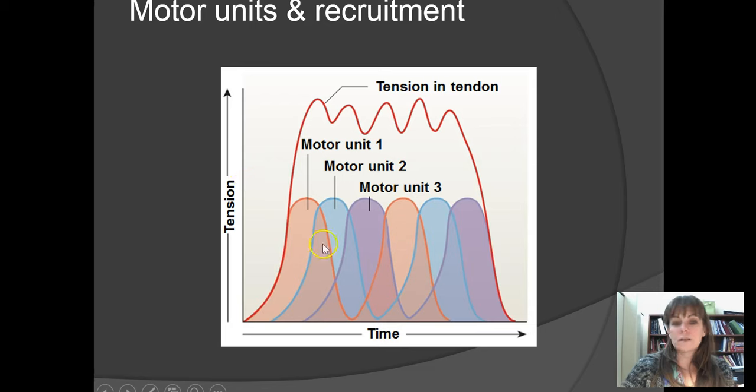And then what we can also do is switch. Maybe with one motor unit we can have treppe, and then we can switch to wave summation, incomplete tetanus. So we can combine those things that we talked about on the last homework page with the concept of motor units to give us an overall muscle contraction. Okay?